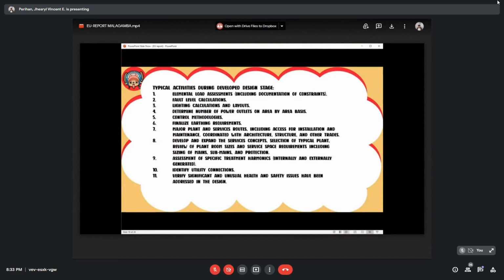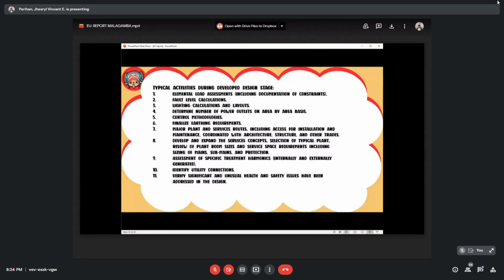Seventh, major plant and services routes, including access for installation and maintenance, coordinated with architecture, structure, and other trades. Eighth, develop and expand the services concepts, selection of typical plant, review of plant room sizes, and service space requirements, including the sizing of mains, sub-mains, and protection.